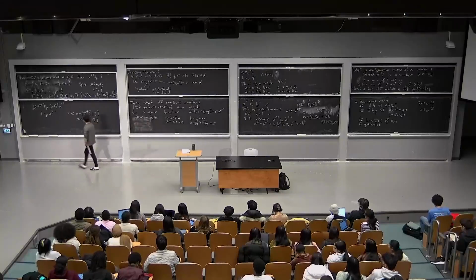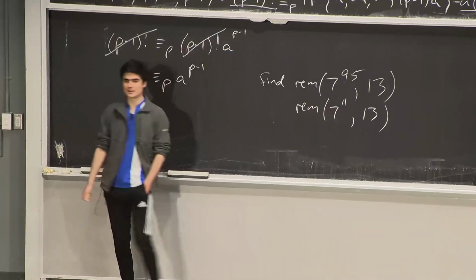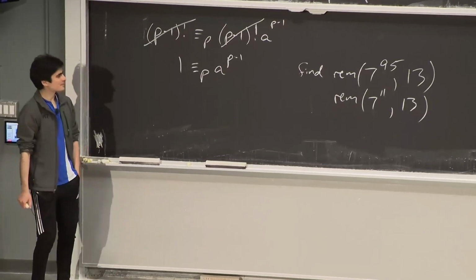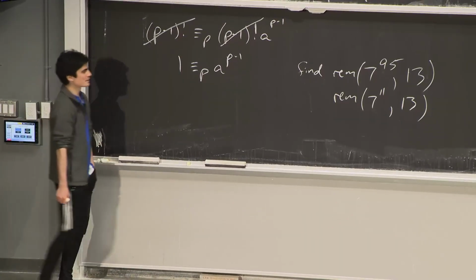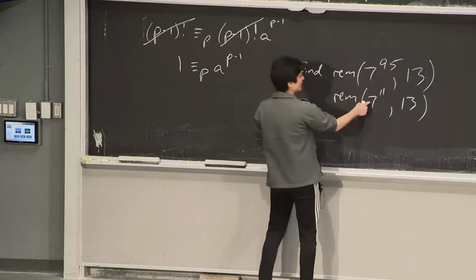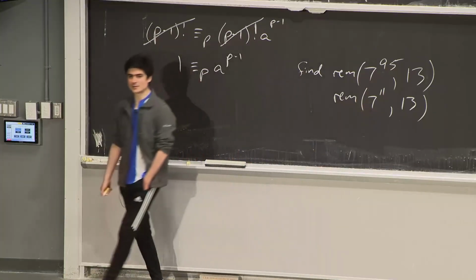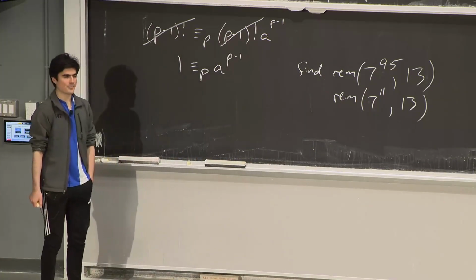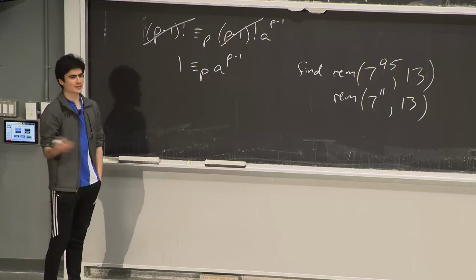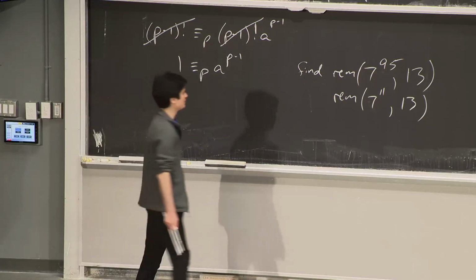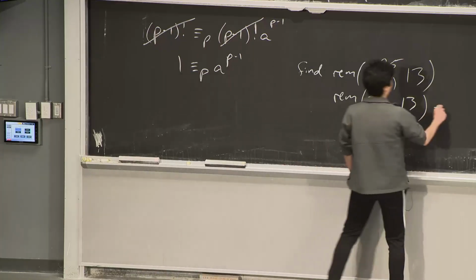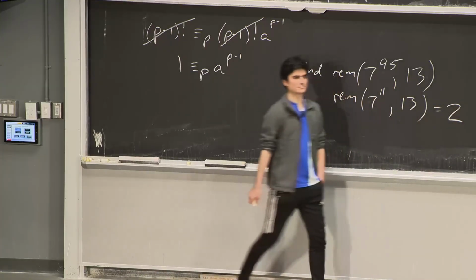So 7 to the 12 is 1, and 7 to the 11 times 7 is 7 to the 12. So this is the modular inverse of 7 modulo 13. What can you multiply 7 by to get 1 mod 13? Yeah, 2.